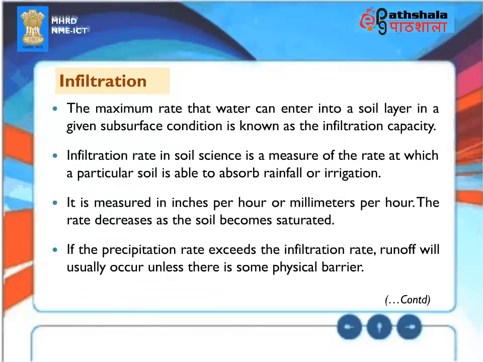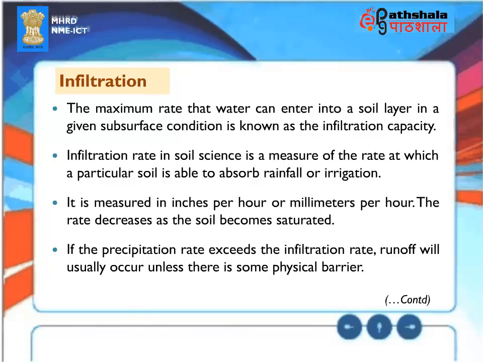The maximum rate that water can enter into a soil layer in a given subsurface condition is known as the infiltration capacity. Infiltration rate in soil science is a measure of the rate at which a particular soil is able to absorb rainfall or irrigation. It is measured in inches per hour or millimeters per hour. The rate decreases as the soil becomes saturated.